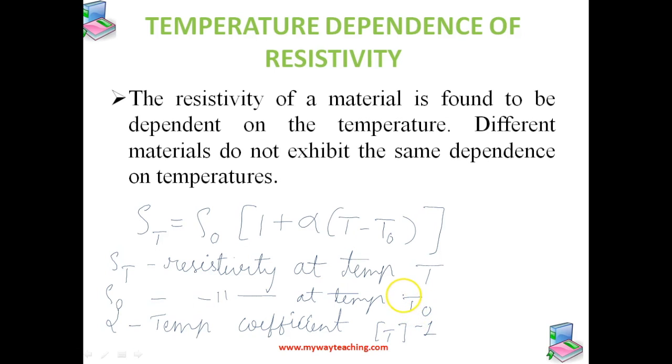For metals, this alpha is positive, and values of alpha for some materials at T0 equal to 0 degrees Celsius are listed in a table that we'll see now. This equation implies that a graph of rho T plotted against T would be a straight line. There is a linear dependence.